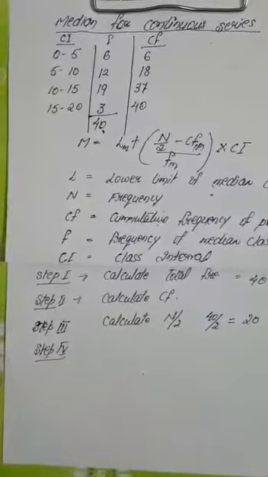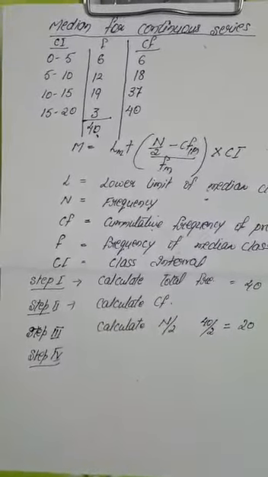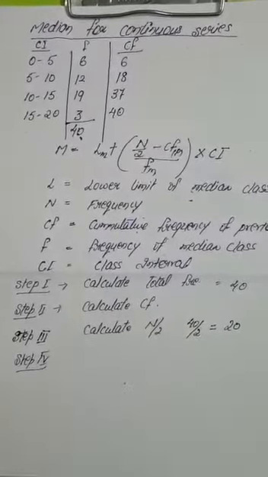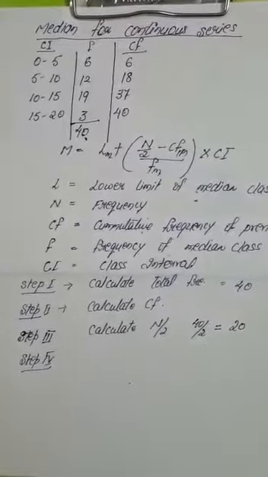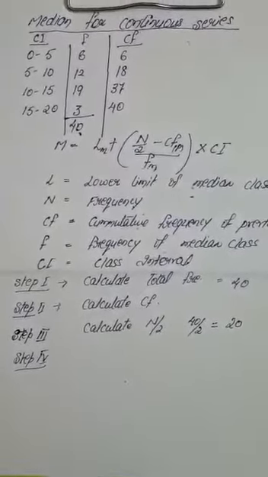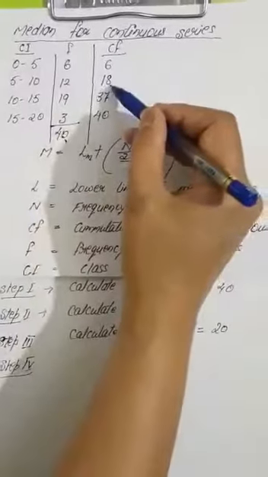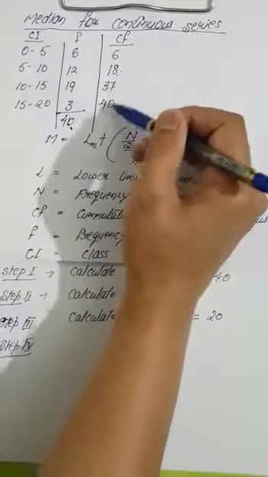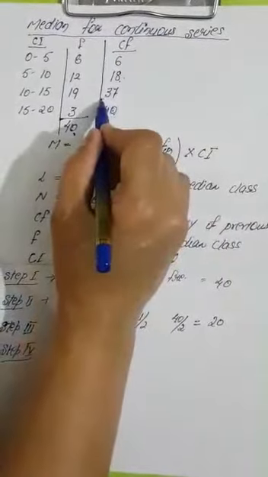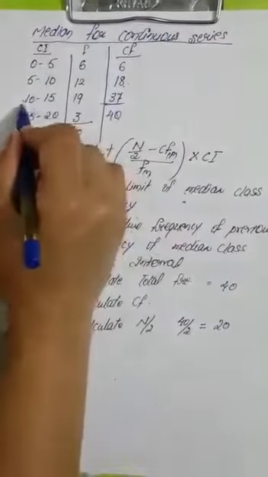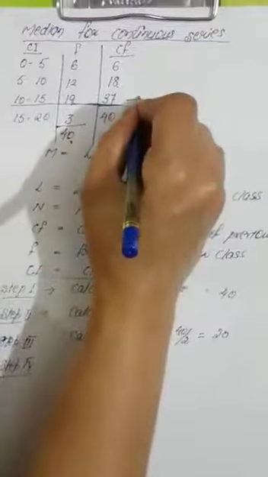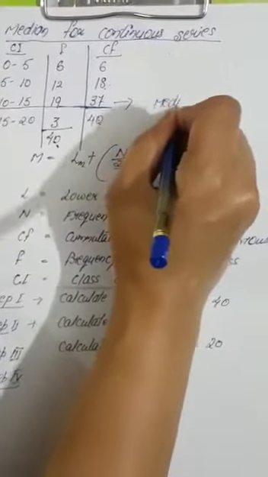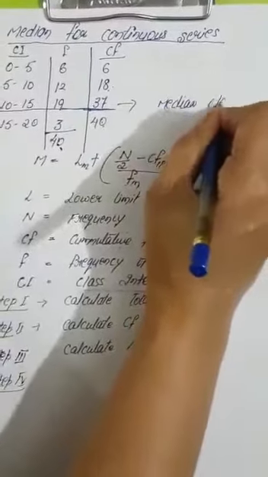You have to look at where this 20 lies in the cumulative frequency, that is, where n by 2 lies. Looking at the cumulative frequency, it is more than 18 but less than 40. So it lies in this class. So this is our median class.